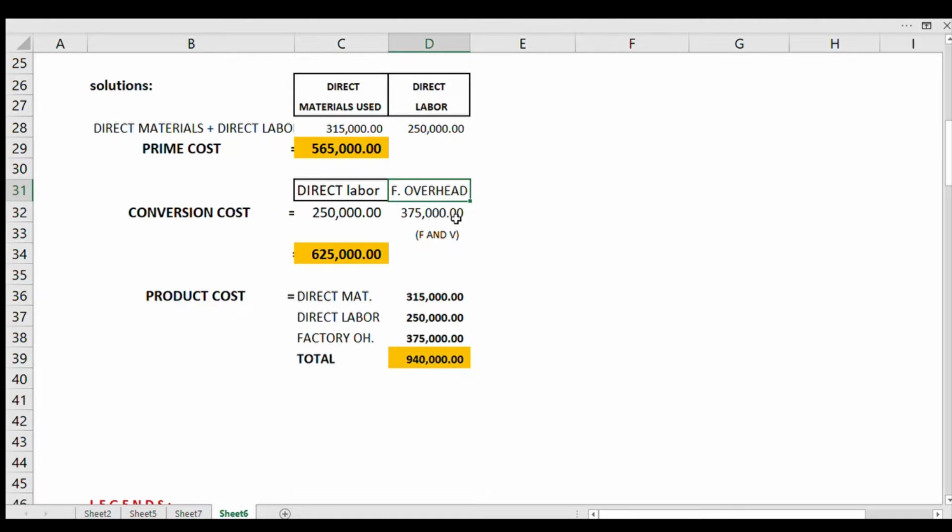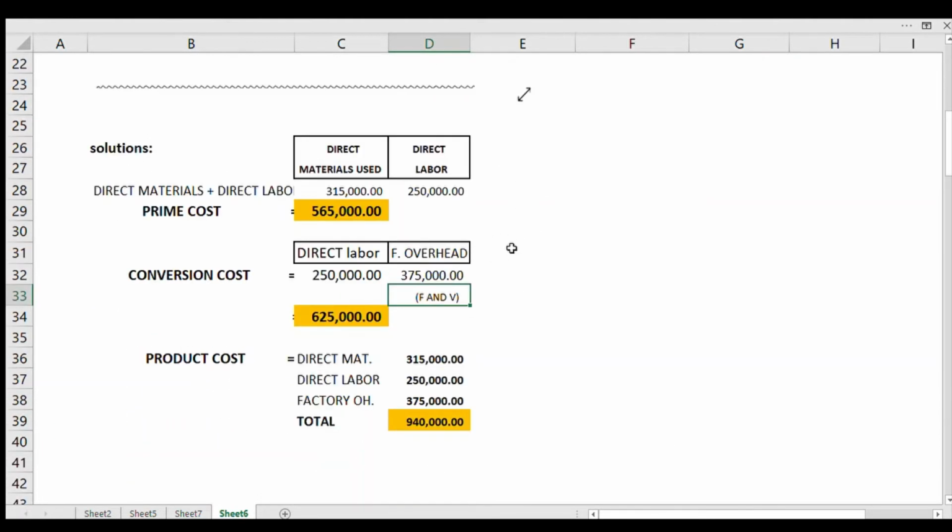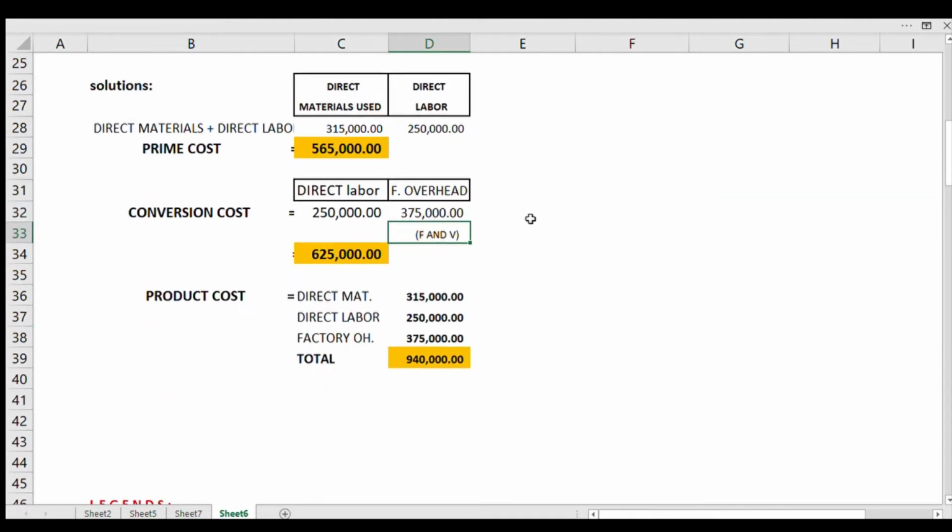We have here 375,000, and we have a label here: F is for fixed and V is for variable. So 375,000 is the combination of fixed and variable: 200,000 and 175,000 for the factory overhead. How come we included both fixed and variable? Because in this case, we are just talking about conversion cost, and these are all inventoriable costs.